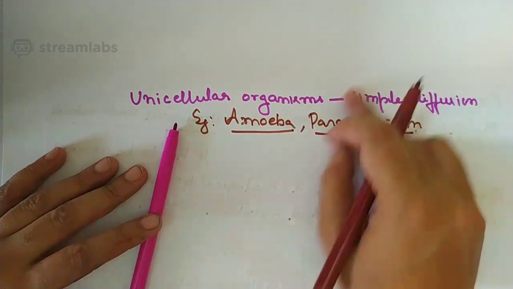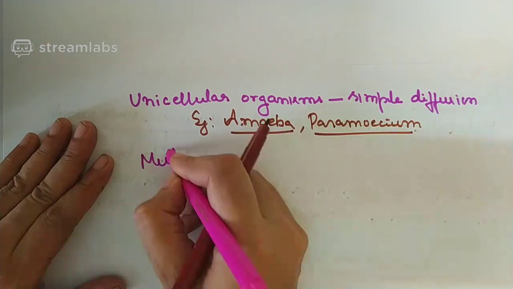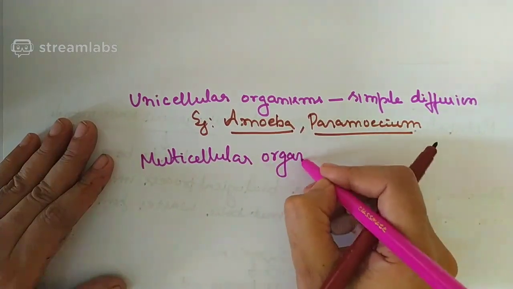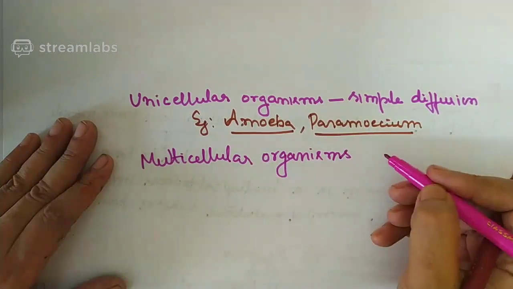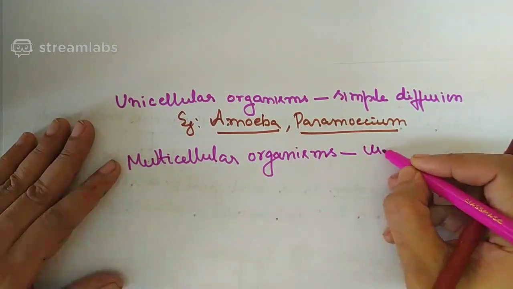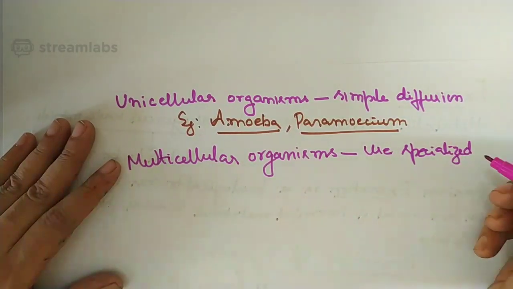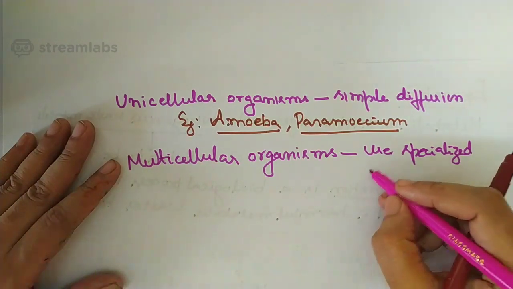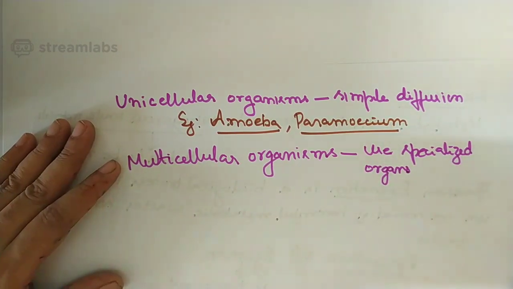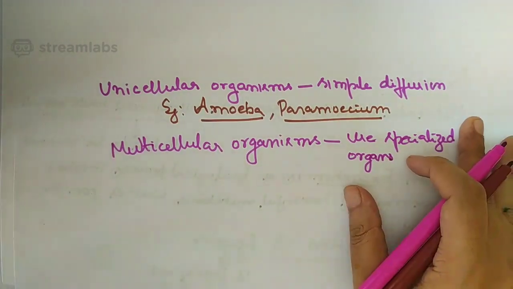But that simple diffusion is not sufficient for multicellular organisms. In multicellular organisms, they use specialized organs to perform the function of excretion.